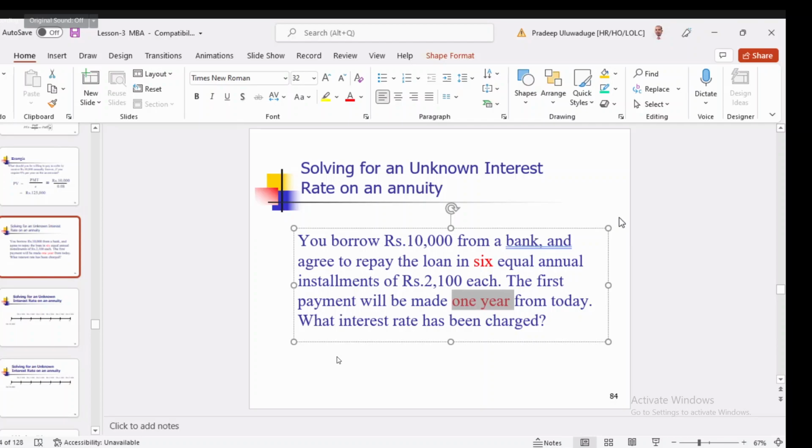We know the installment is 2,100, present value is 10,000, and the number of equal annual installments n is 6. So you are supposed to solve for r. You all want to give it a try, please?